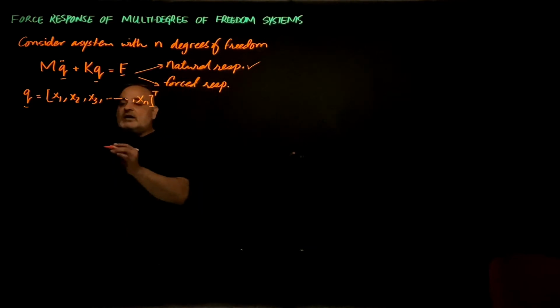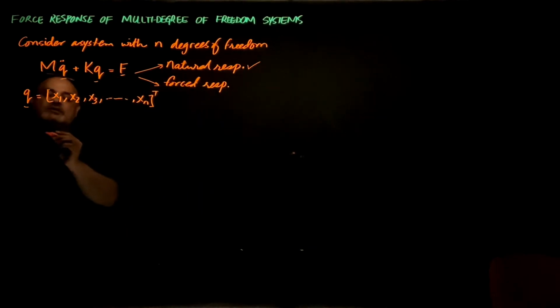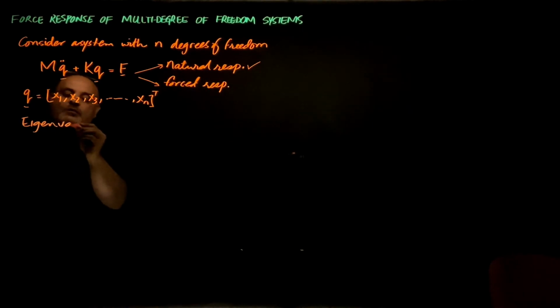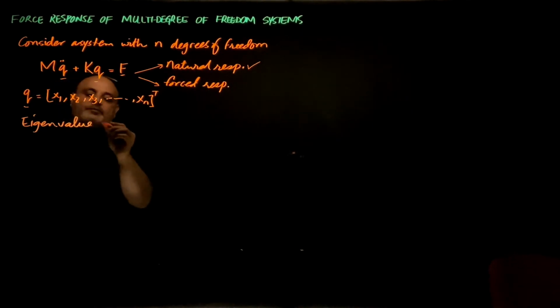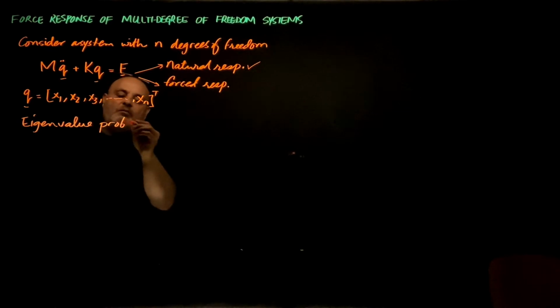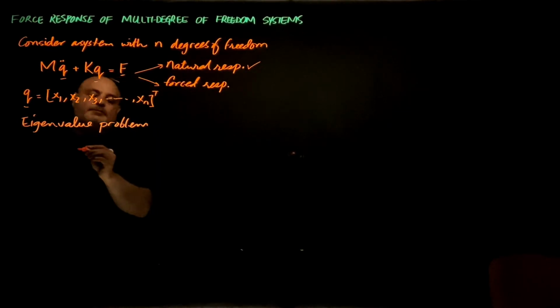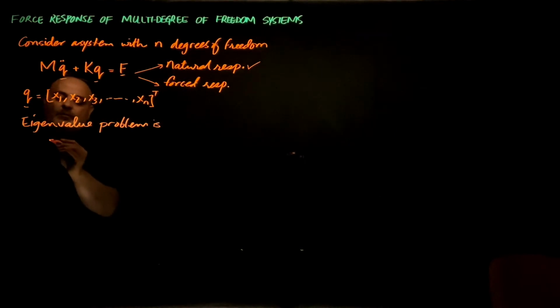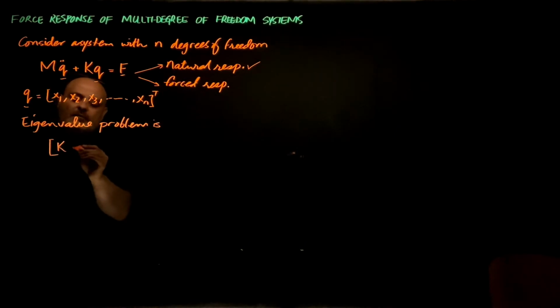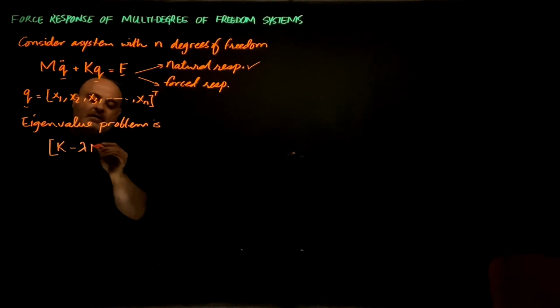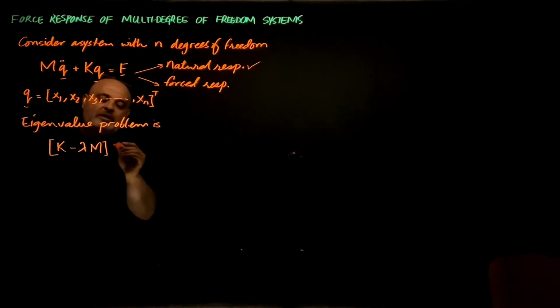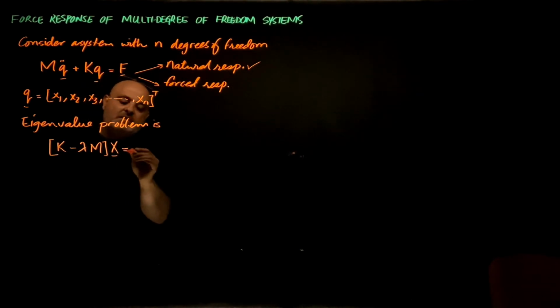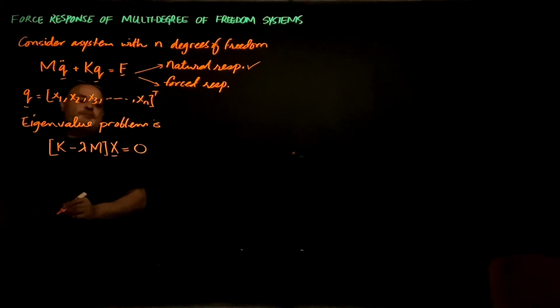Now, the eigenvalue problem associated with this system is k minus lambda m times x equals 0.